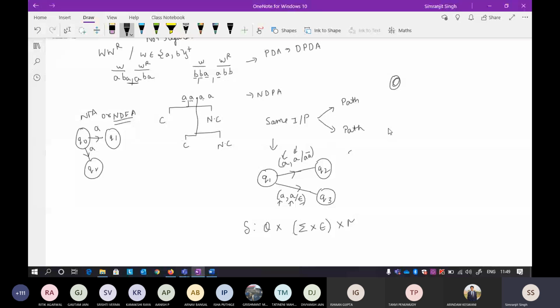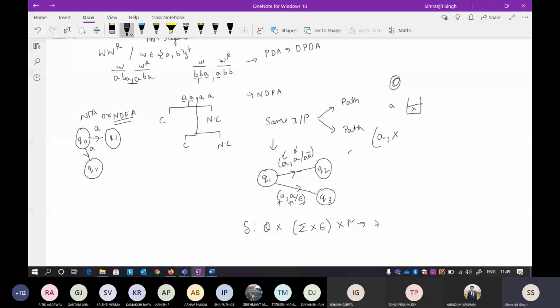So I say that by getting an input of A, I am putting X onto the stack. In this particular question, I am always using the stack symbol similar to the input, but it can be different also. The meaning will be the same: by seeing an input of A, you are putting X in the stack.